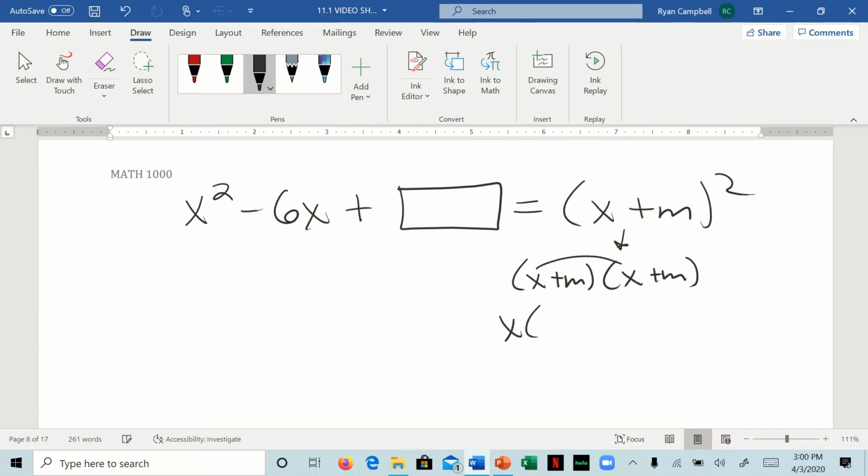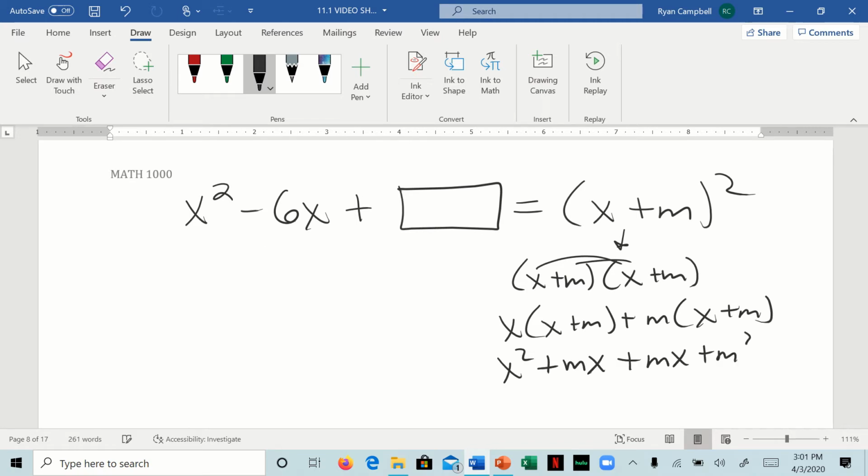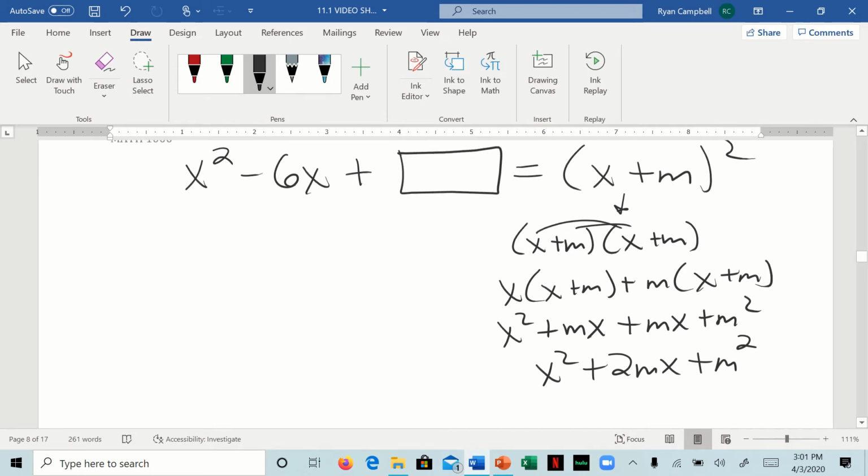So that's x times x plus m times x plus m. So we get x squared plus mx plus mx plus m squared. So x squared plus 2mx plus m squared. That seems familiar, and it should, because it's the exact same thing every single time, right?